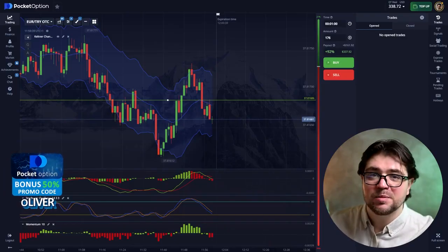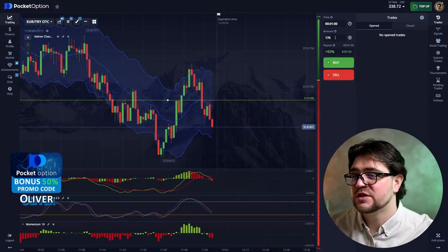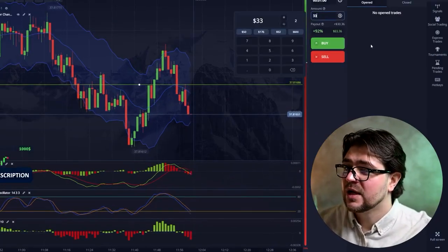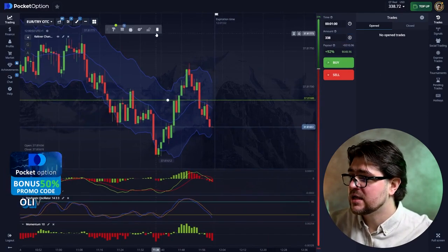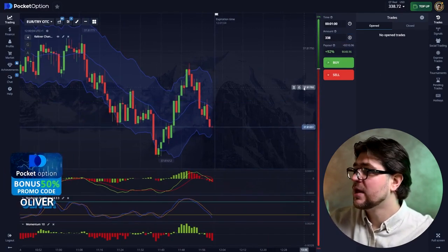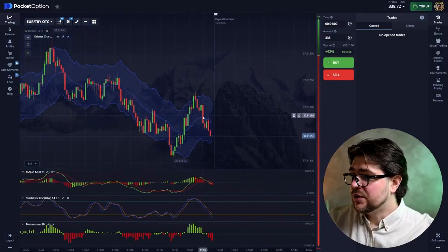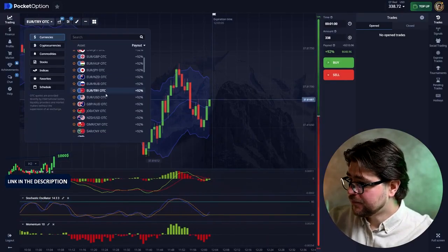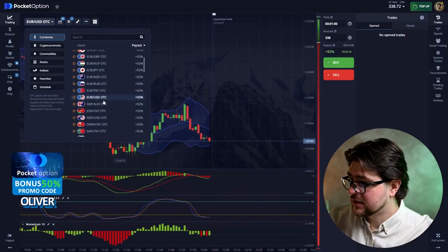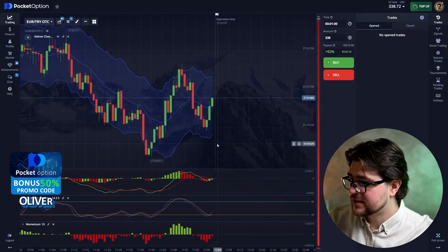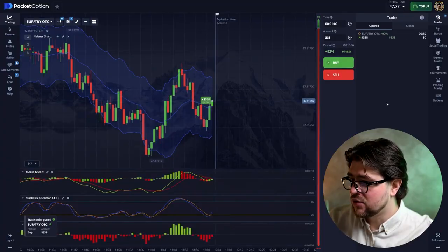We get the bigger profit. Bigger the amount, again the bigger profit. So we're gonna go ahead and place 28, delete those, and continue with the next asset.